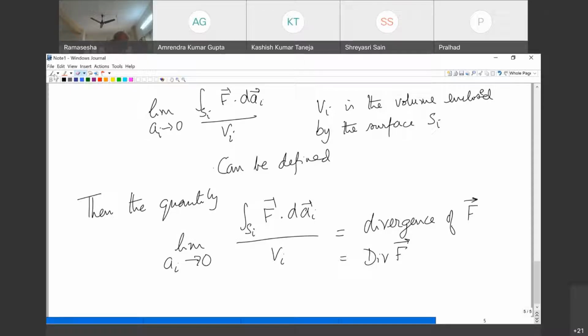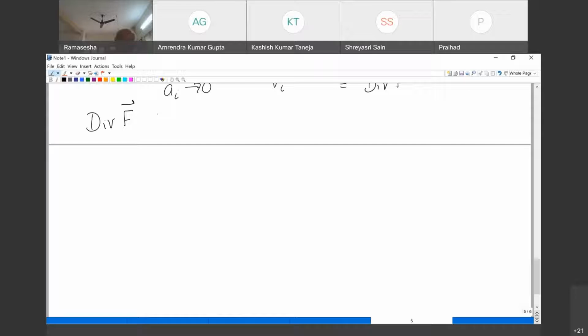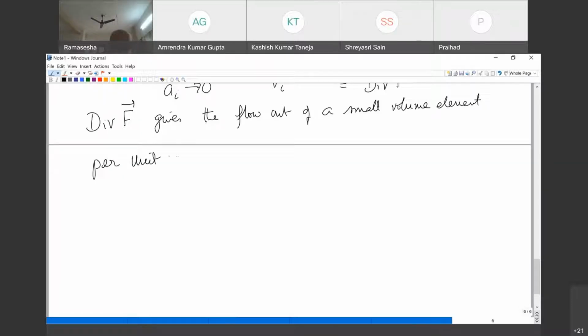Okay, so I don't have to repeat myself. This is called the divergence of F, and what divergence F tells me is that it gives the flow out of a small volume element, per unit volume, because you are dividing by the volume of this small volume element, at a given point in the vector field.